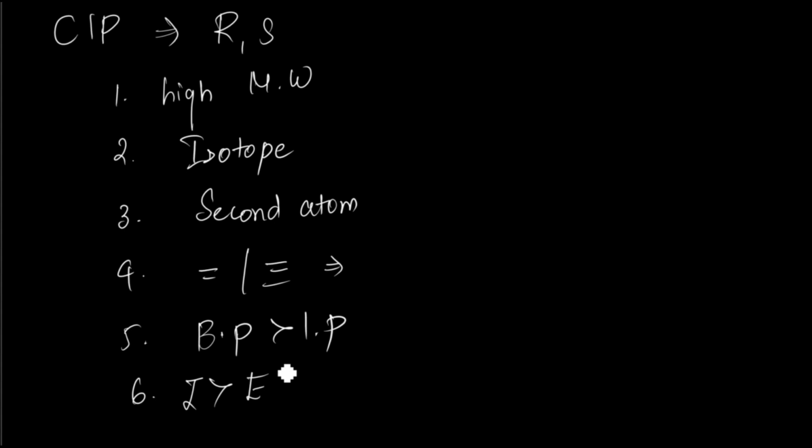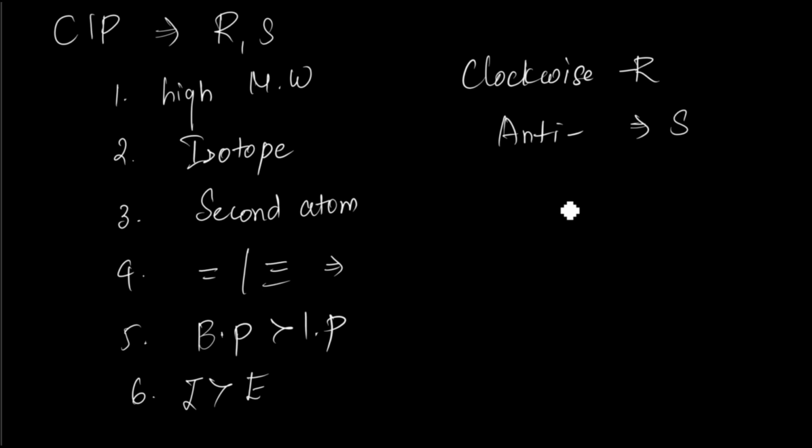Clockwise or anticlockwise, that is how you decide. And a point to be noted: the H should be at the least priority position. If they are giving the 3D structure, the least priority group should be behind the plane.